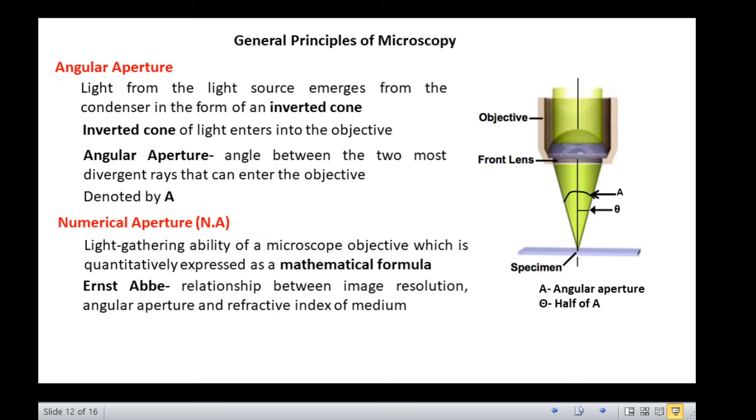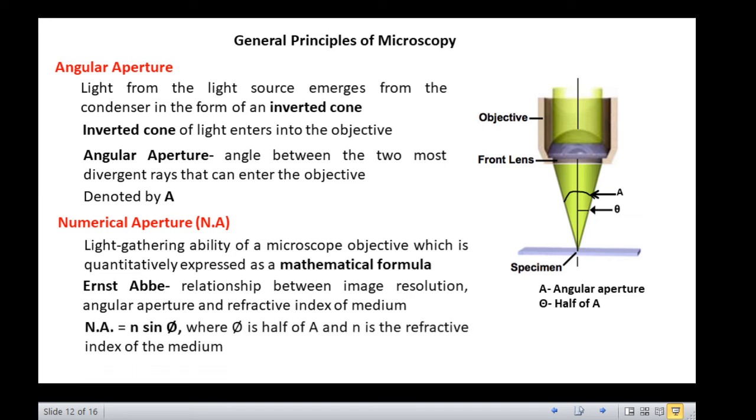He called the new measure of objective performance numerical aperture or NA and defined it as NA is equal to N sin theta, where theta is half of A as shown in the picture and N is the refractive index of the medium through which the rays pass.